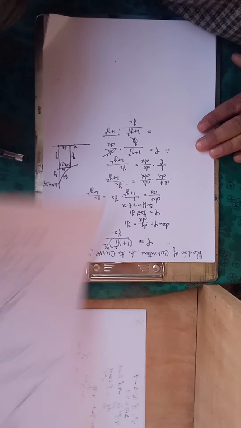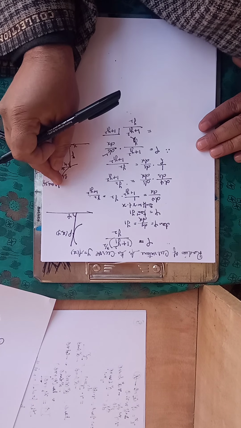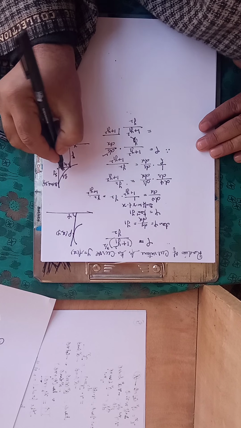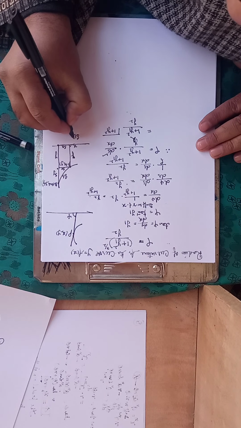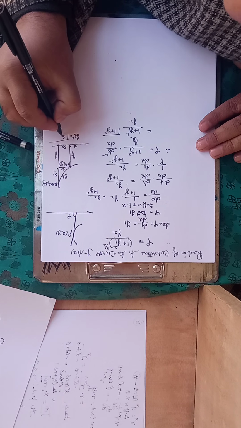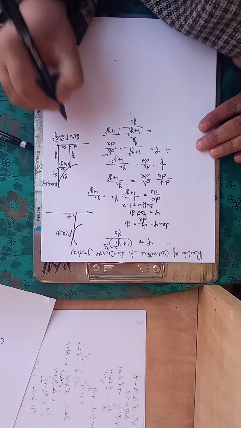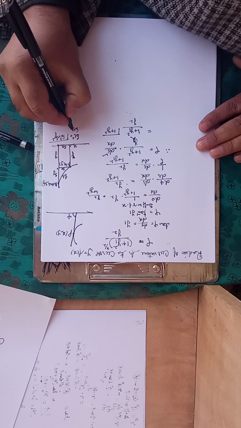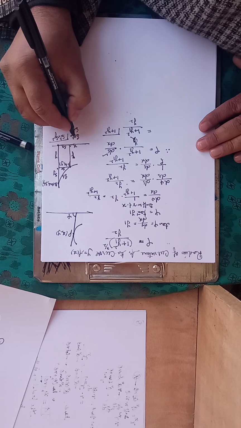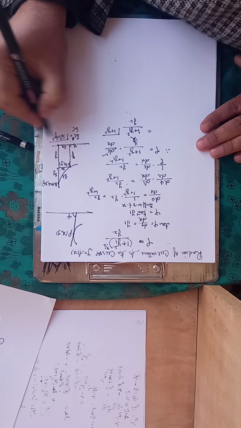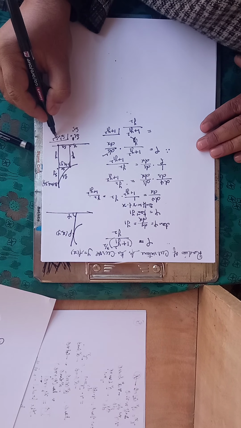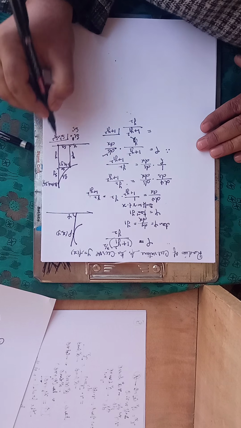This is delta s. Since this is the neighborhood of this point P, this will act as a straight line. By Pythagoras theorem, we have delta s square equal to delta x square plus delta y square. So delta s will be under root of this.